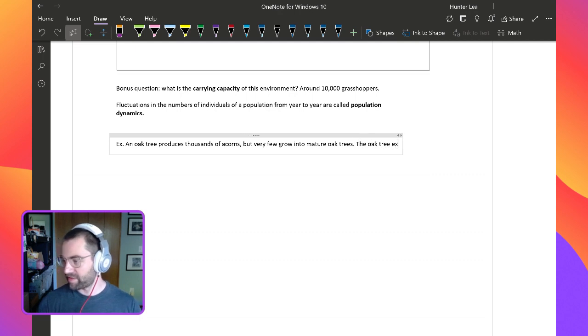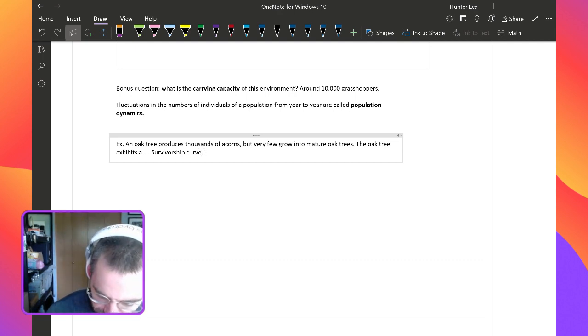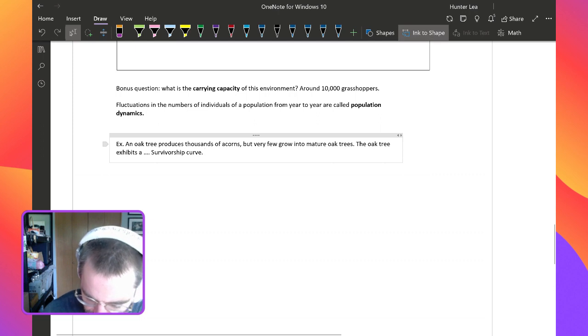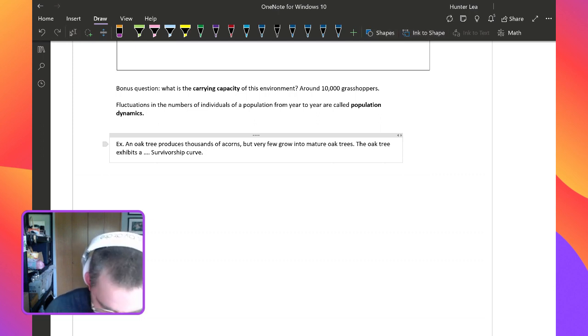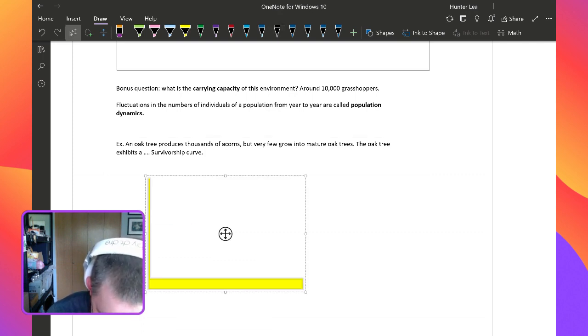The oak tree exhibits a blank survivorship curve. To explain this concept, we have to do a little bit of drawing. I can use the shapes function to give you an x and y axis.